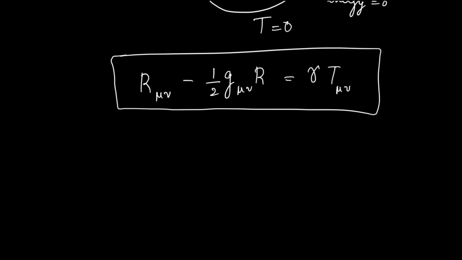Okay, so maybe today's class we will stop here, and next class we will see what this gamma is. You have to find this gamma by applying the Newtonian approximation. So next class we will see what gamma is, and substitute it here. Okay, so here we stop.